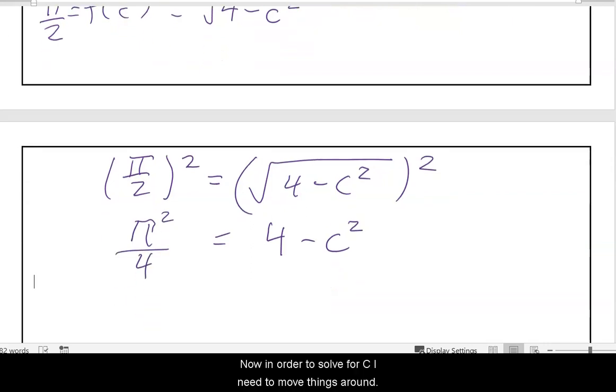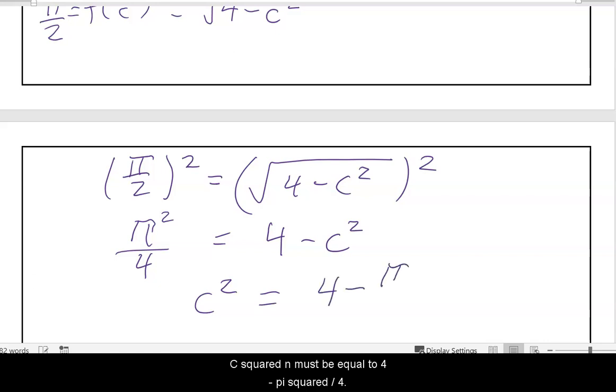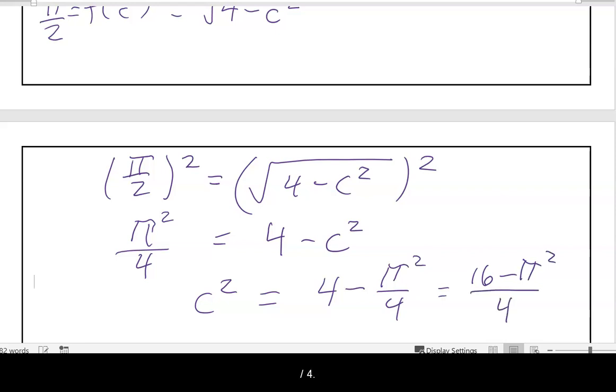Now, in order to solve for c, I need to move things around. C squared then must be equal to 4 minus pi squared divided by 4. In order to find c squared, I could take a common denominator, which would be 4, giving me 16 minus pi squared divided by 4.